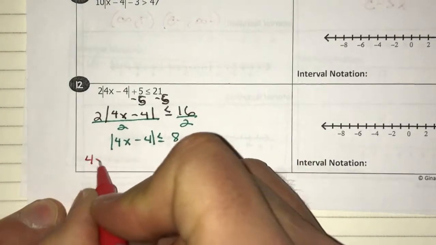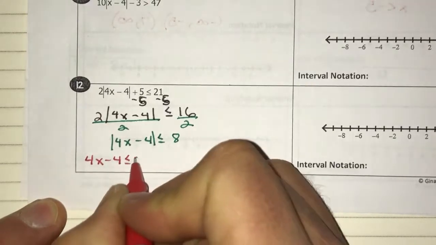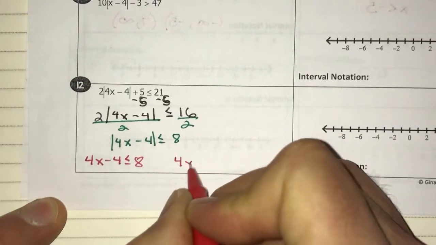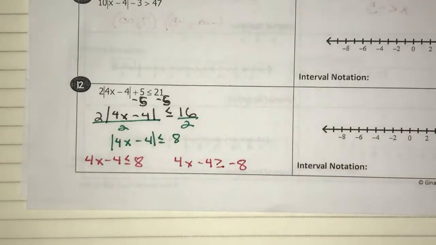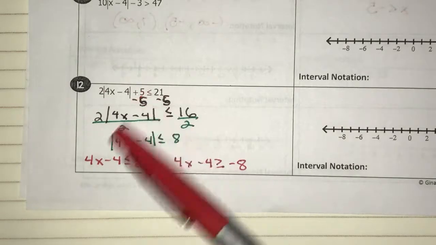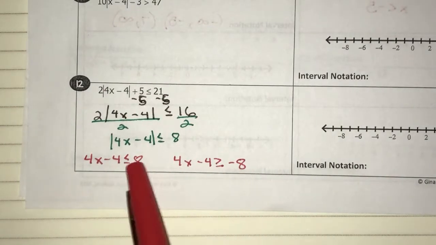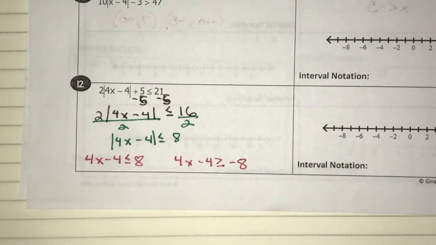Okay, so 4x minus 4 is less than or equal to 8. 4x minus 4 is greater than or equal to -8. Okay, and then I would solve from there. Yeah, so it's 2 steps here before you can break it into inequalities. And then you do your normal solving from there.